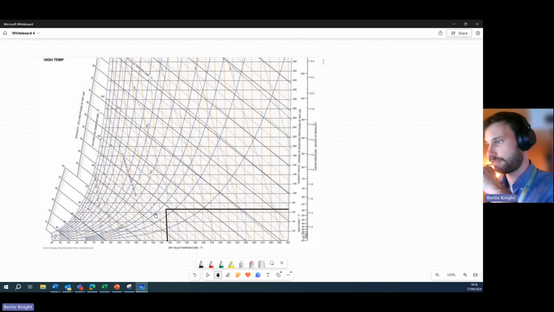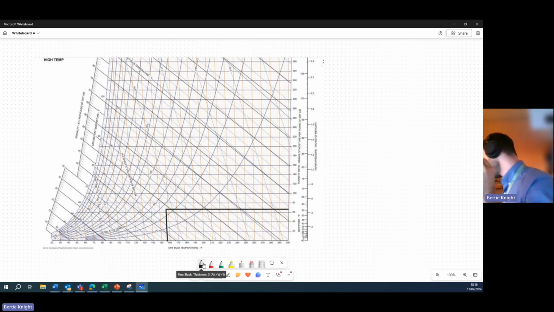Notice here we have these relative humidity curves. We understand that the relative humidity is around 5%, which is the midpoint between 6 and 4 here. So we'd go from here to here and look across, and we'd see that we have around 66, 67 grains of moisture per pound of air.